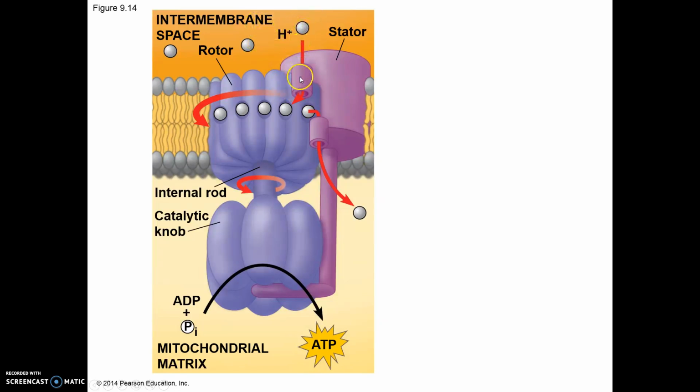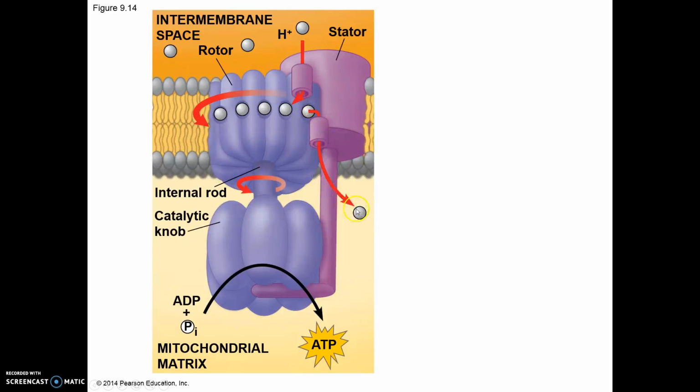So here the proton comes in, there's a little hole that runs into this slot in between two of the subunits. In between each of these subunits, there is a proton binding spot. So the proton comes in there, binds, and there is one spot where the protons line up with a hole that allows it out the other side.